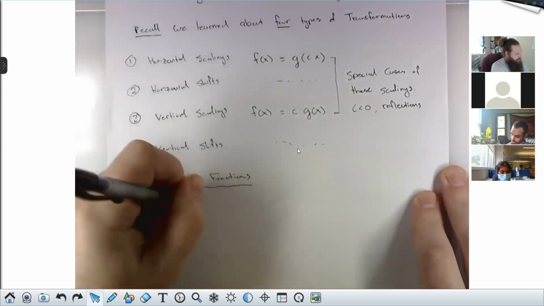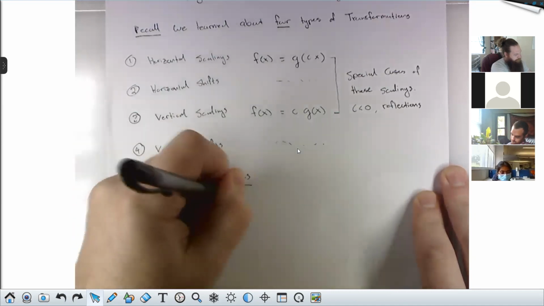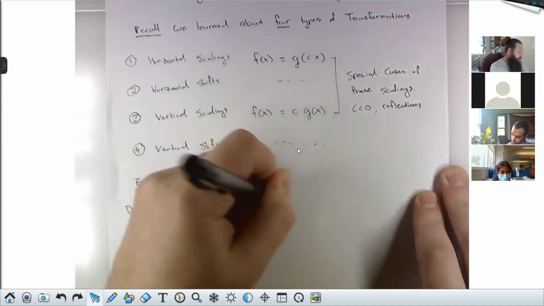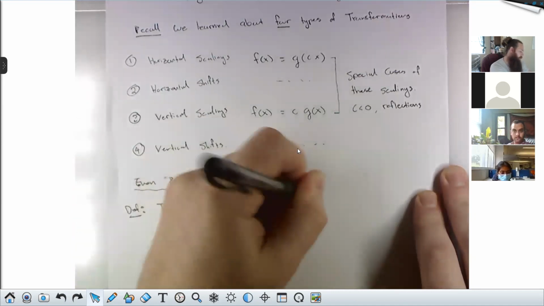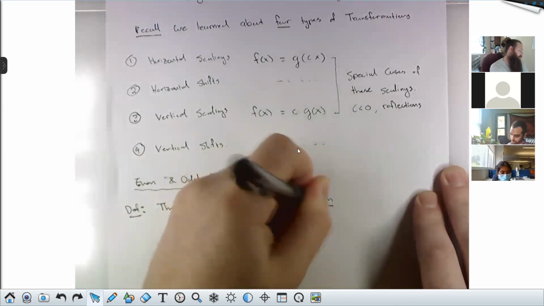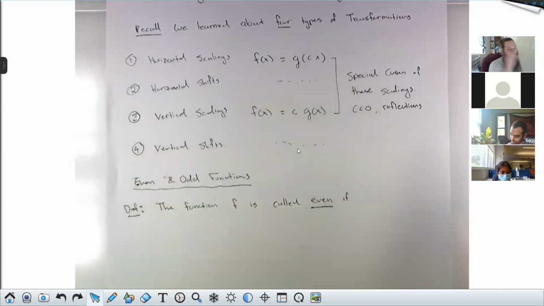The function f is called even if, and I'm going to give you two equivalent notions here. The first is going to be an algebra definition, and the other one is going to be a geometry definition. And I'll try to convince you that they really are equivalent.